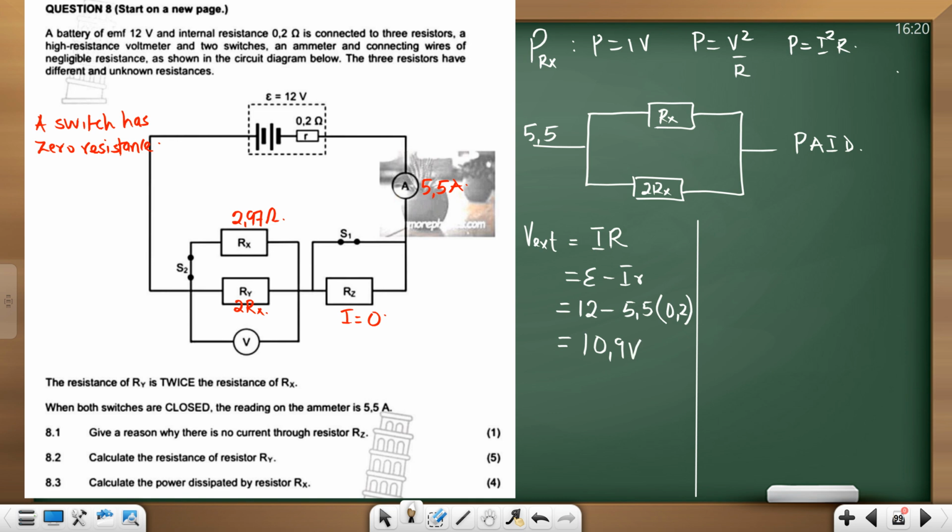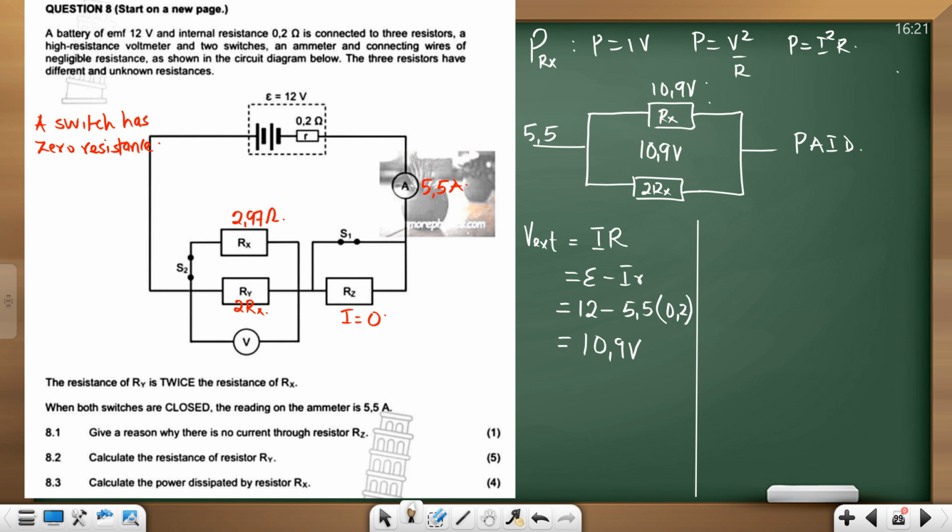Remember now that Rx is not working, right? So, the 10,9 volts is actually here. And since these are connected in parallel, what does that tell us? Thank you, Matlin. 10,9 volts tells us voltage is conserved in both of them. So the voltage here is 10,9 volts.